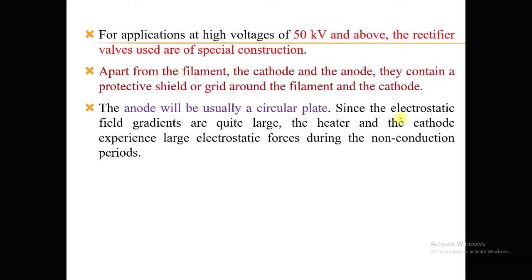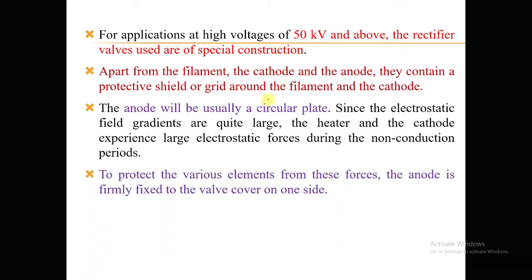As a result, the cathode will experience large electrostatic forces during its non-conduction period. Non-conduction means that the diode is in a reverse bias condition. Under the reverse bias condition, the material acts as an insulation. As it behaves as an insulation, it will always create electrostatic forces. These electrostatic forces are very large and are seen by the cathode.